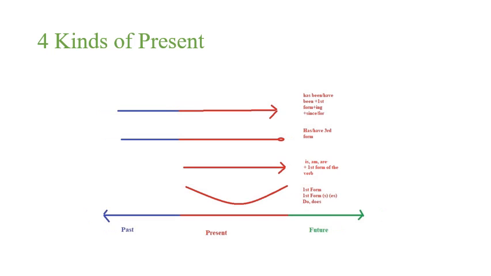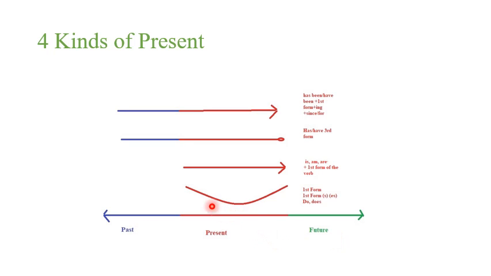Now let us have a look at the four kinds of presents that we have studied up till now. You can see that we have a timeline, that is the division of time into past, present, and future.